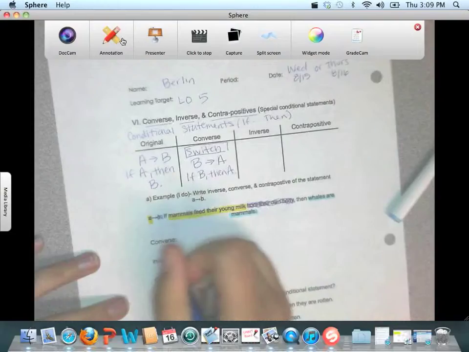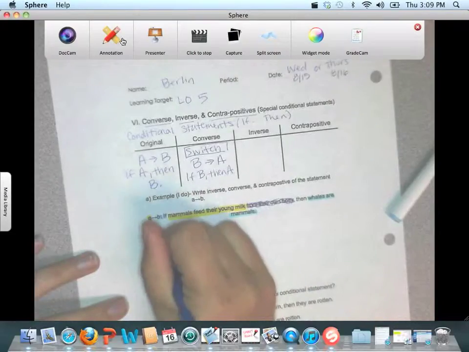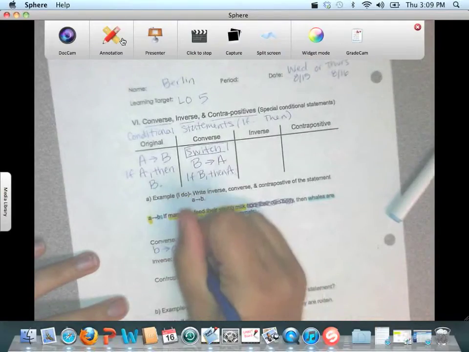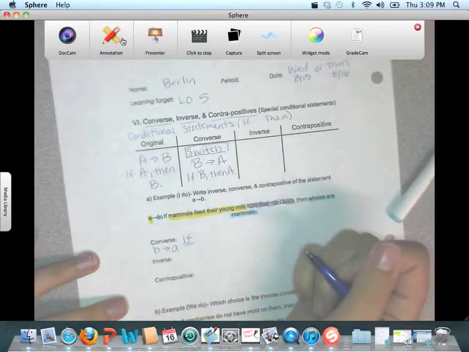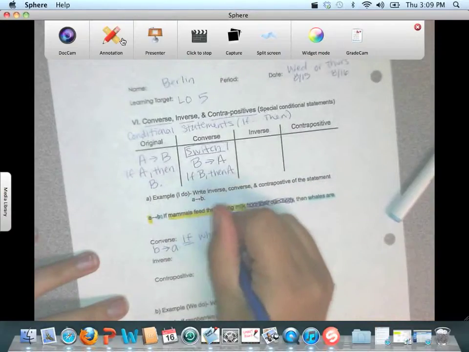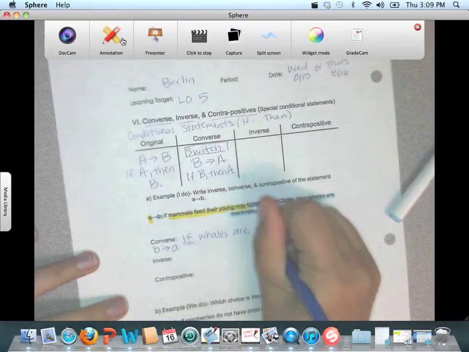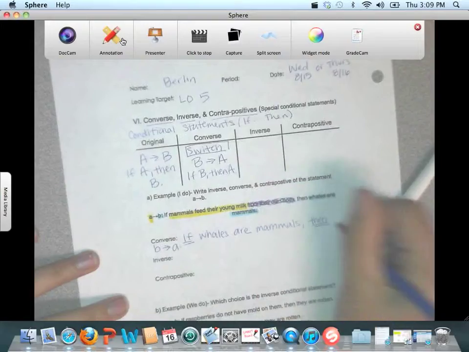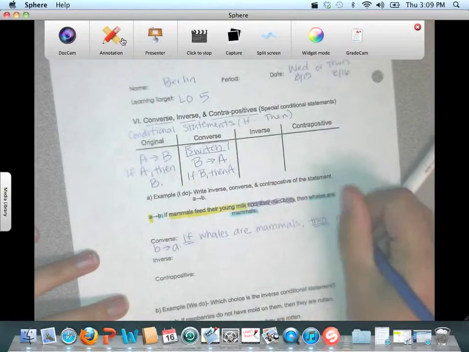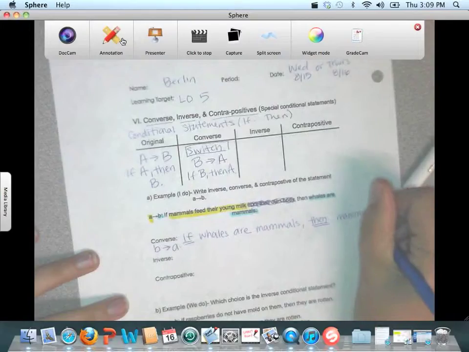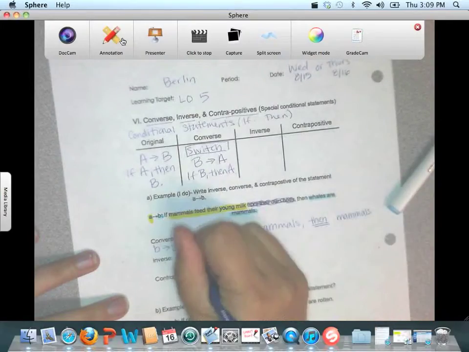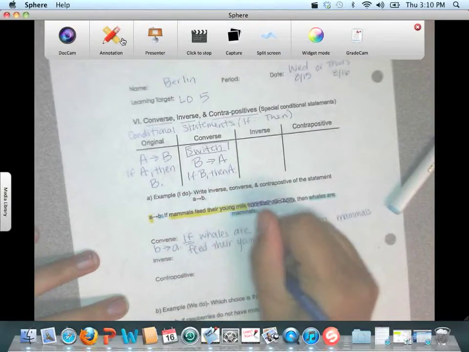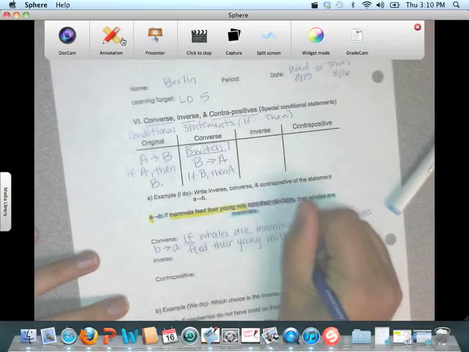So the converse is B to A. So it changes to if. Notice that the word if is still first. If whales are mammals, then mammals feed their young milk.